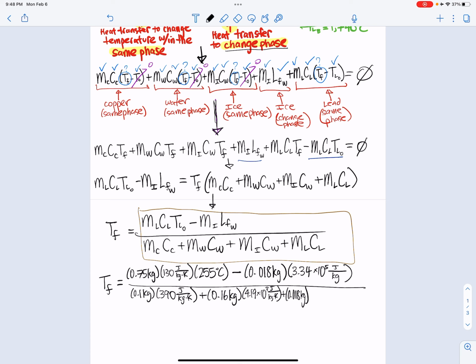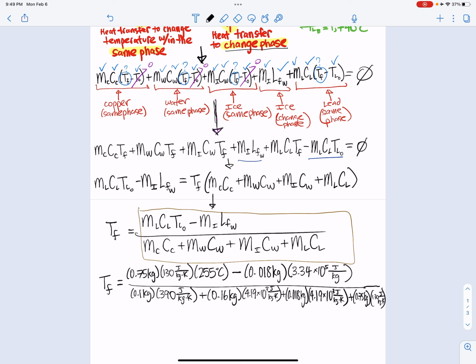The specific heat of water again is 4.19 times 10 to the 3rd joules per kilogram Kelvin. Okay, plus mass of lead, that's 0.75 kilograms, and specific heat of lead is 130 joules per kilogram Kelvin.